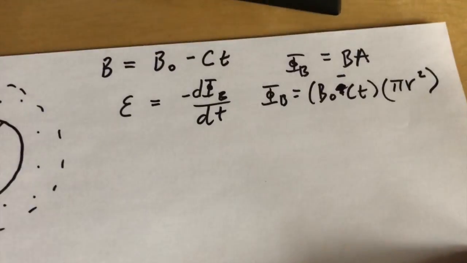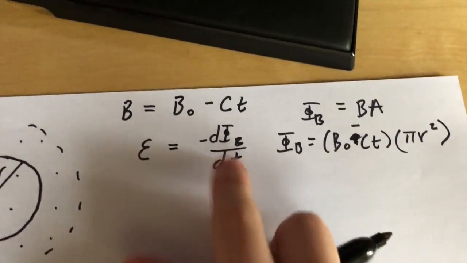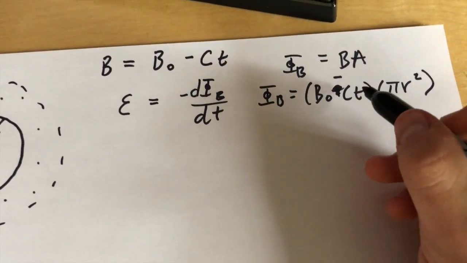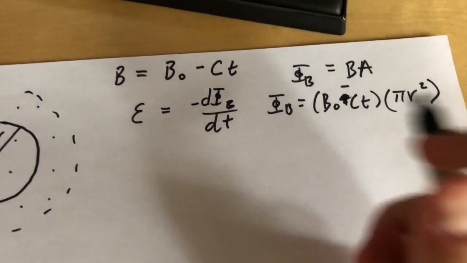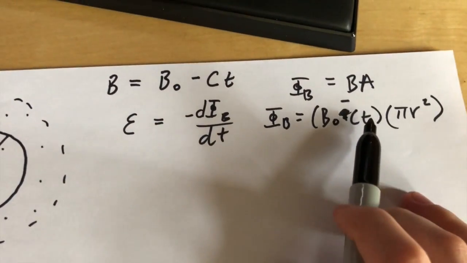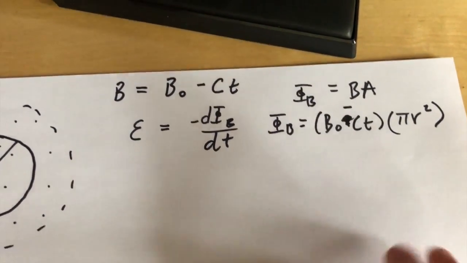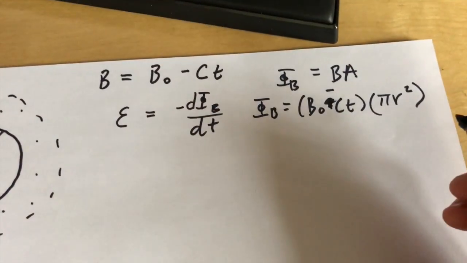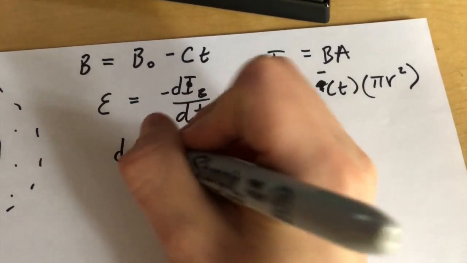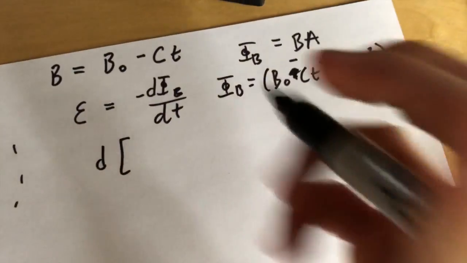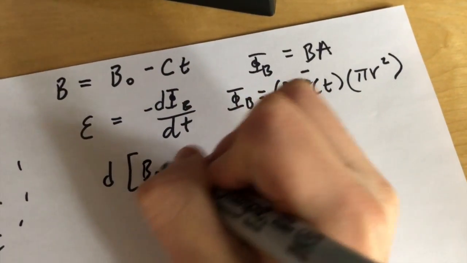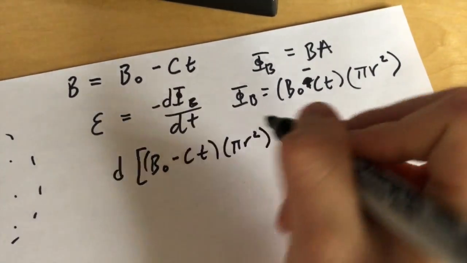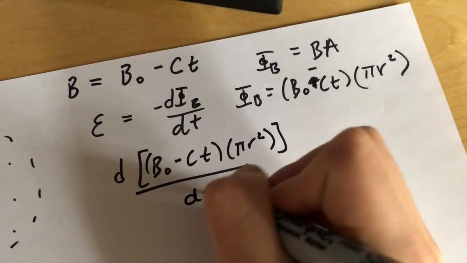And now, if we want to find the induced EMF, we simply take the derivative of this with respect to time. So all we care about is this t right here, because everything else is a constant. So now we take the derivative of this whole function, of B naught minus Ct times pi r squared, with respect to time.